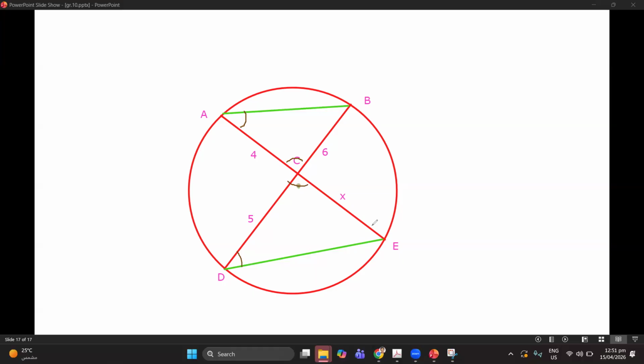Is it clear? Miss, can you repeat after you said that A and D are equal? Okay, here I have this triangle and this triangle.